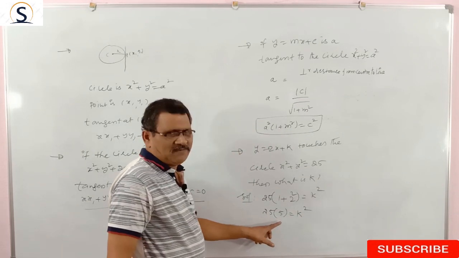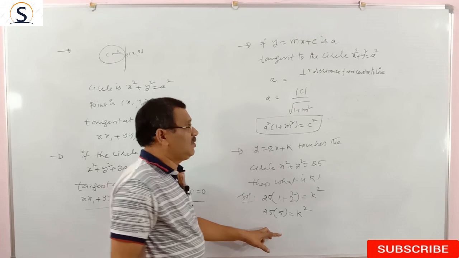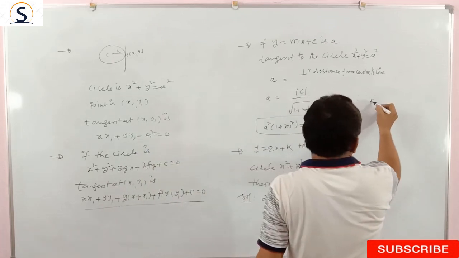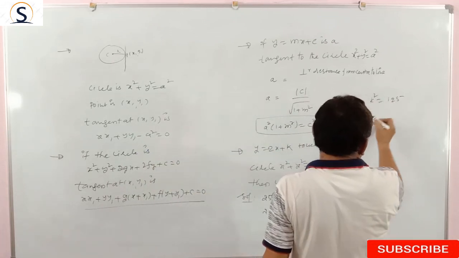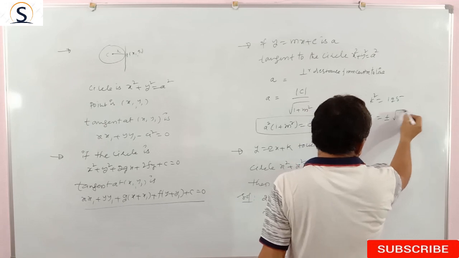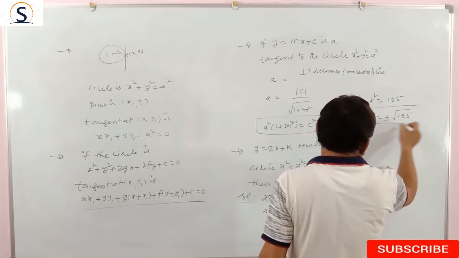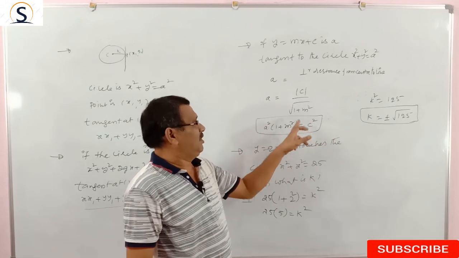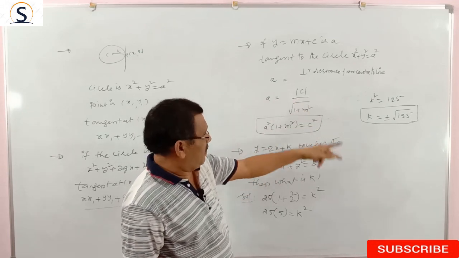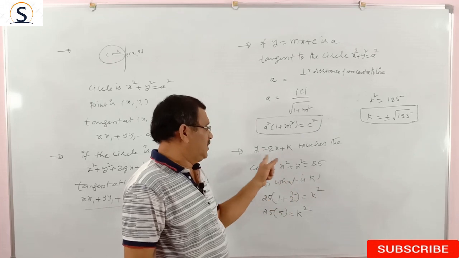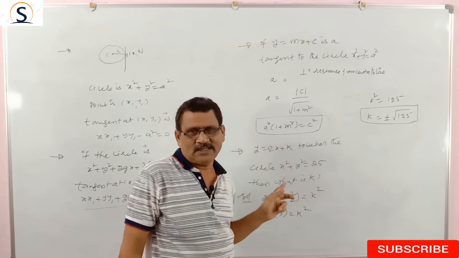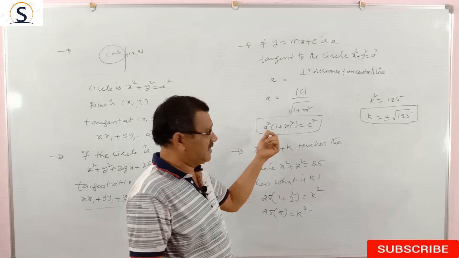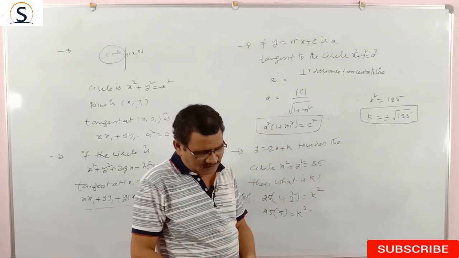So, 25 into 5 is 125. k square is equal to 125, or k is equal to plus or minus root 125. This is the value. If you put plus root 125 or minus root 125, this line becomes a tangent to the circle. Now, this is the use of this condition, c square is equal to a square into 1 plus m square.